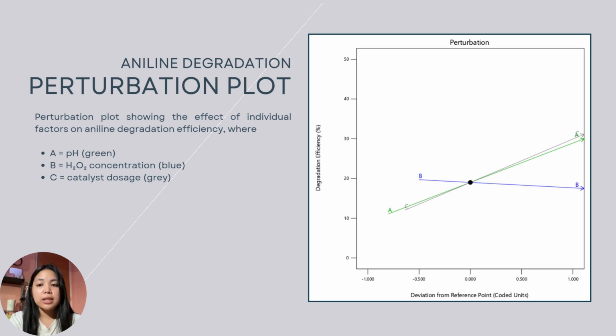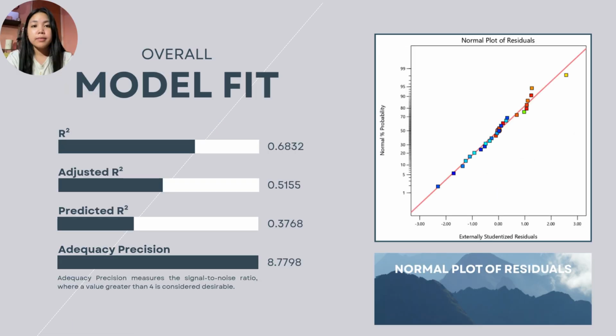Catalyst dosage had the steepest slope, showing the most significant effect on degradation efficiency, while pH followed next. In contrast, the hydrogen peroxide concentration had a nearly flat slope, meaning it had minimal impact within the experimental range. This visual trend reinforces the statistical results and confirms the roles of catalyst dosage and pH on the process.